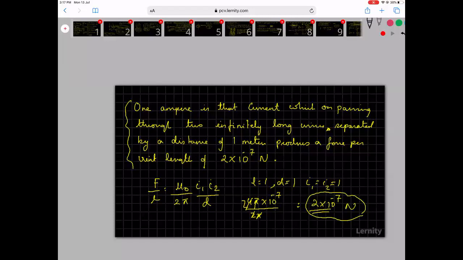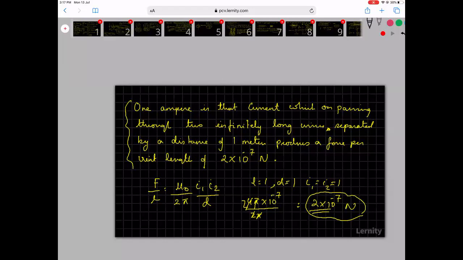So from now onwards, in any exam, if they ask you to define 1 ampere, we don't say when 1 coulomb passes through a given cross section in 1 second, we call it 1 ampere. No, this is the definition of 1 ampere.